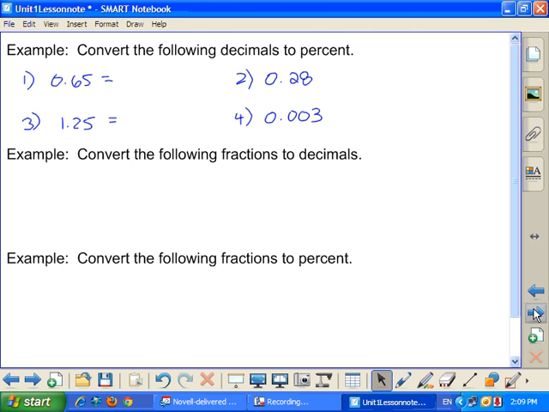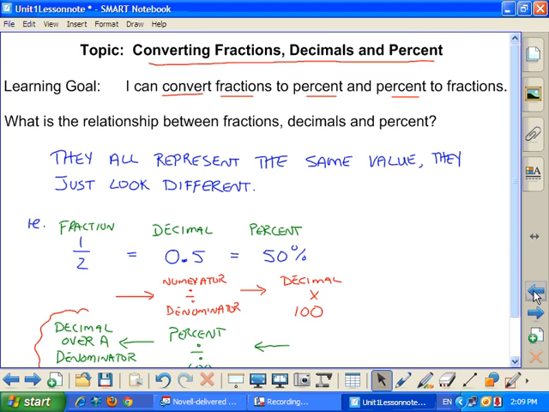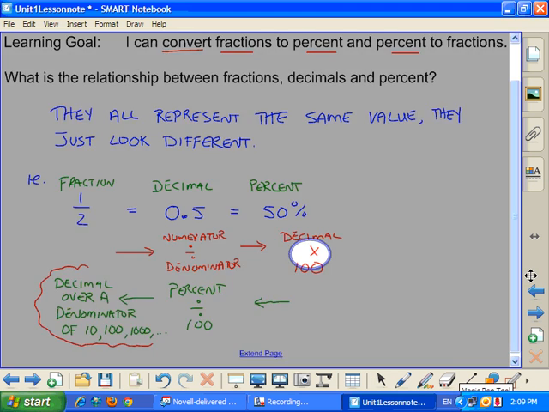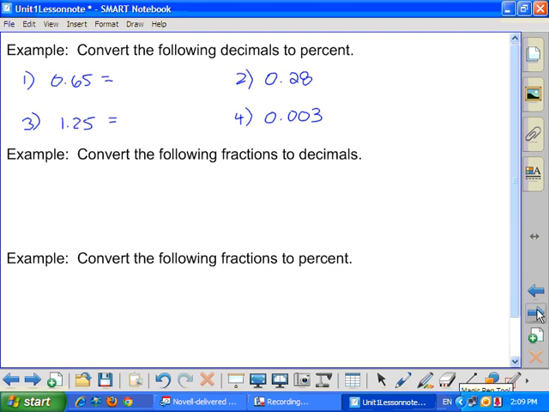So four quick examples there. Going from decimal to percent, we need to take our decimal and multiply by 100. So each of these, we're going to multiply by 100, and you're going to use your calculator, or you're going to realize that when you multiply by 100, you're moving the decimal place 2 to the right.